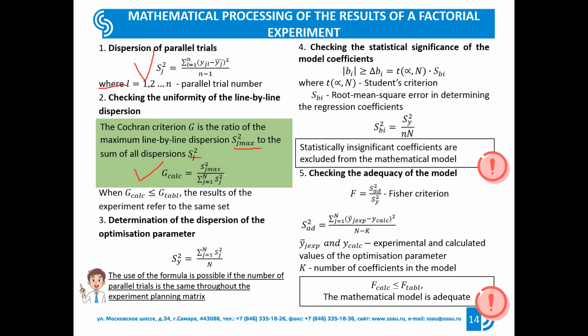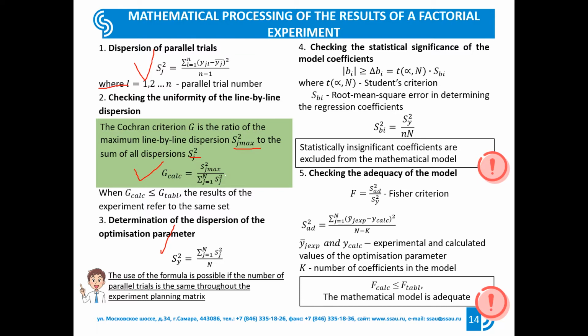This value is calculated as a quotient of the sum of the line-by-line dispersions divided by the number of trials in the planning matrix of the experiment N. Here, f2 equals N is the number of degrees of freedom for determining the dispersion of the optimization parameter.